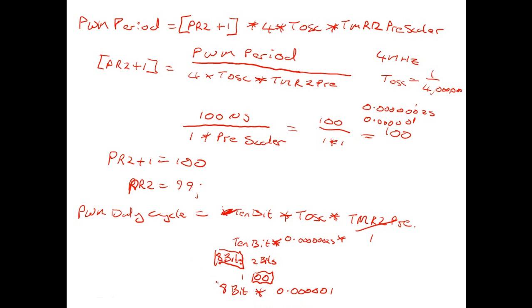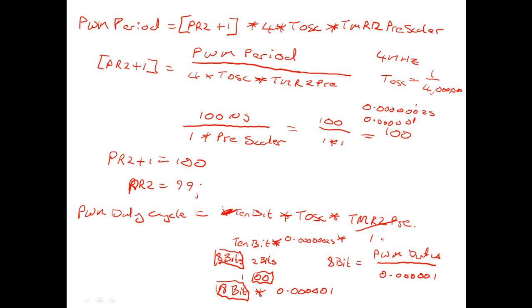Now this 8-bit number is the number that I don't know, so the 8-bit number is equal to the PWM duty divided by 0.000001. Remember, we normally give the duty cycle in microseconds as well.